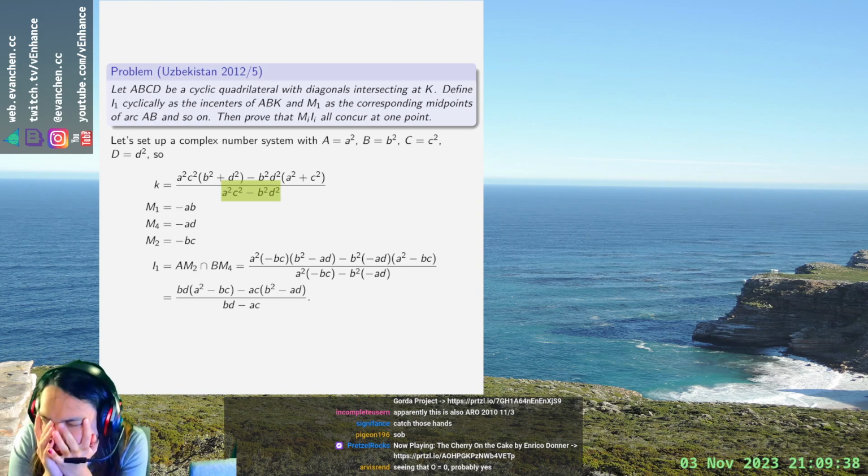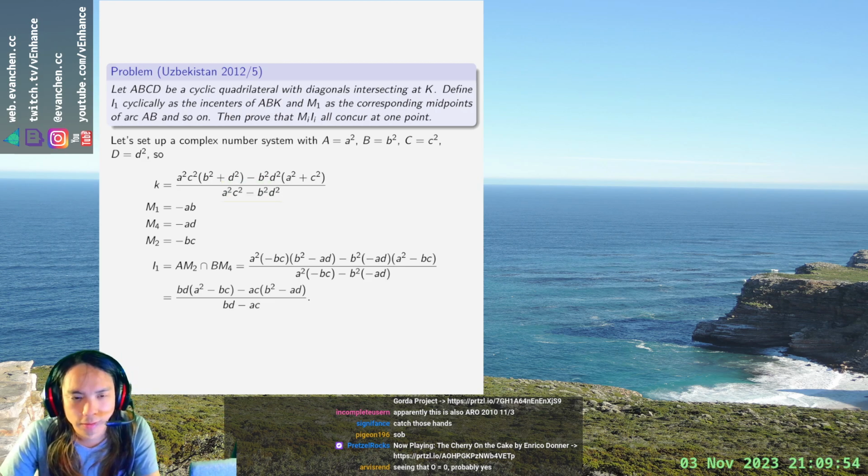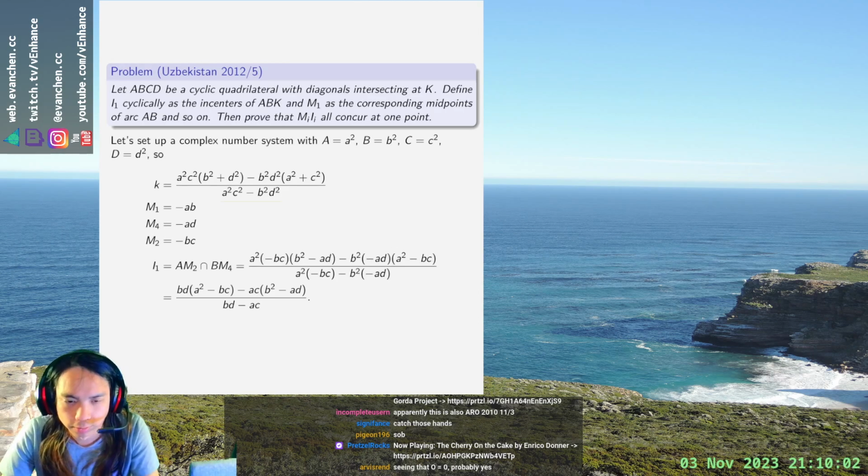Okay, so what is the least annoying way to get at what's happening? We'll use the giant hammer, alright? We are just going to take the biggest hammer we have and fire it. So M1, I1 intersect OK. I hope I remember this formula, but here goes.